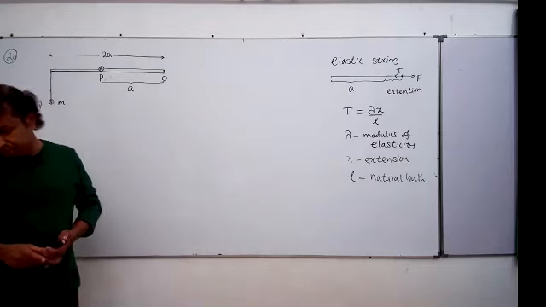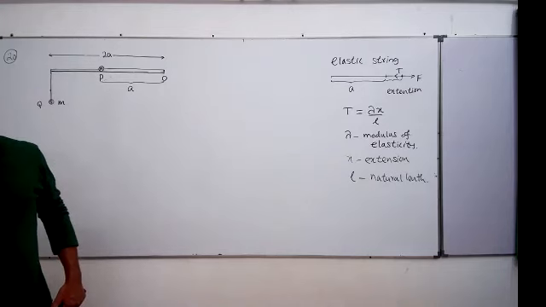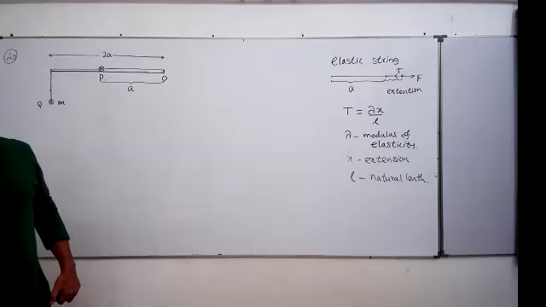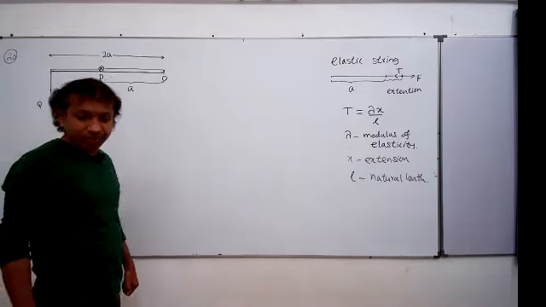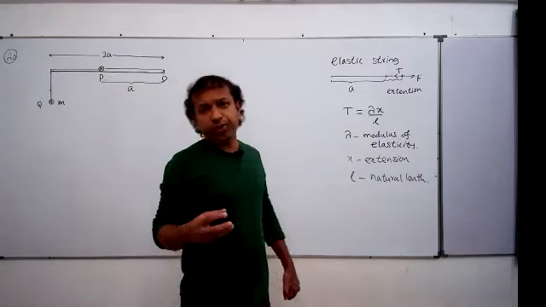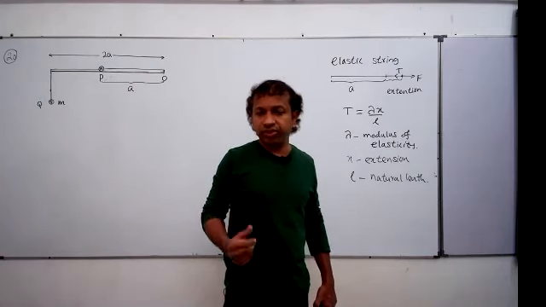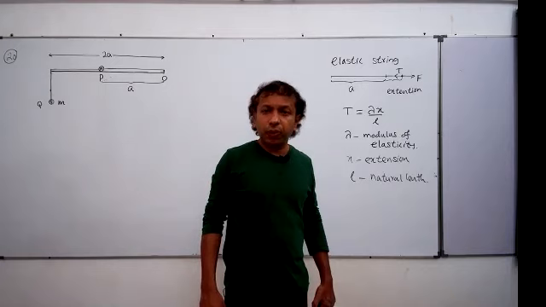Now, what's the question given next? The particle P is released from a point at a distance A from O. Show that the length x of the elastic string satisfies this equation. See the way the question is given.